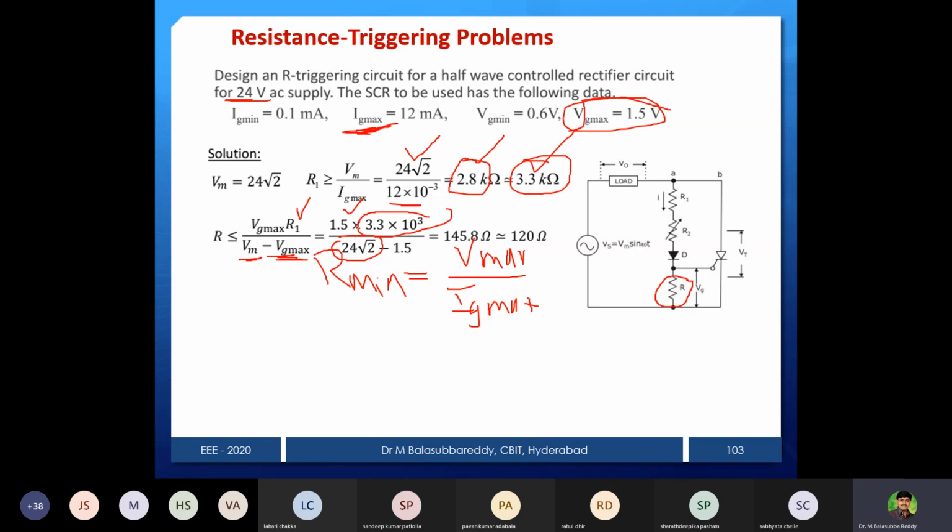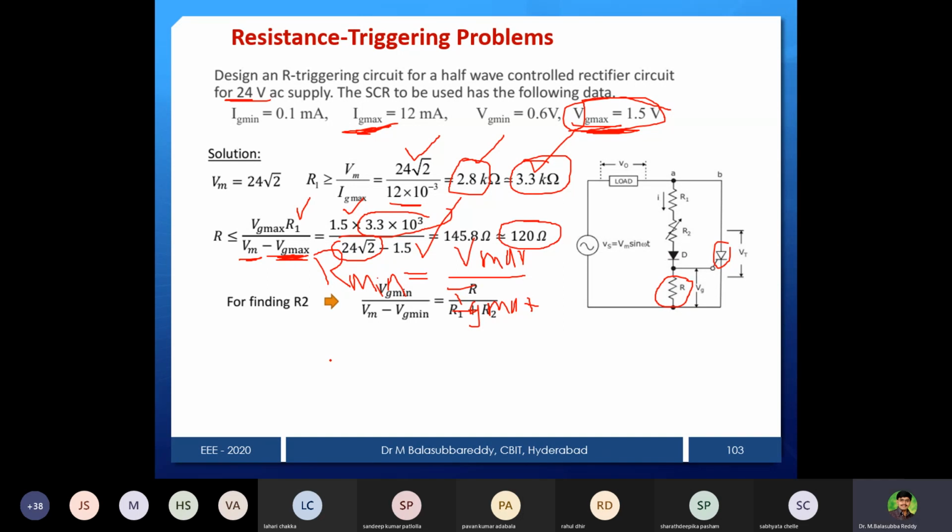That is the drop across the SCR, 1 to 1.5 volts. Even if it is not mentioned, you can take it as 1.5 volts. Substituting, we get 120 ohms for RB.